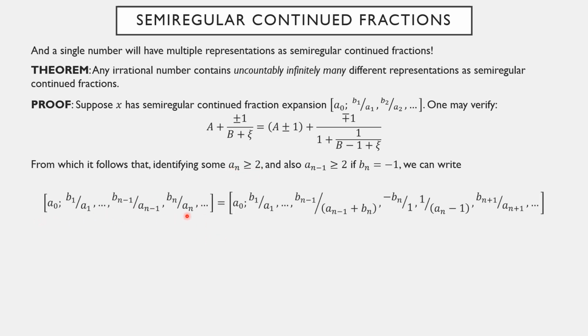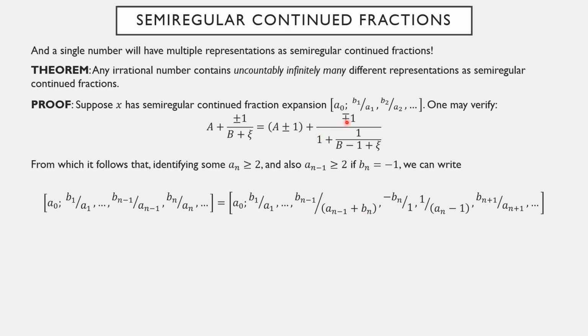So on the left, we have our semi-regular continued fraction, a bunch of stuff happening that isn't written. Here's an minus 1 plus bn over an plus a bunch of stuff. What ends up happening is this bn gets added to the previous partial quotient there.